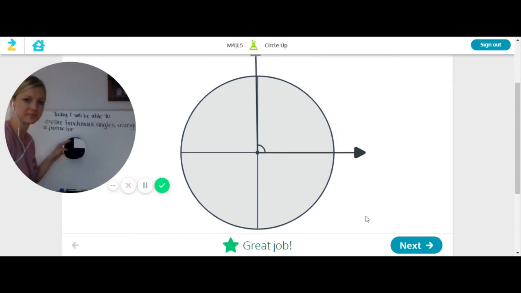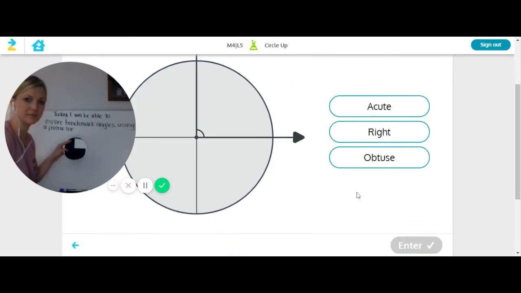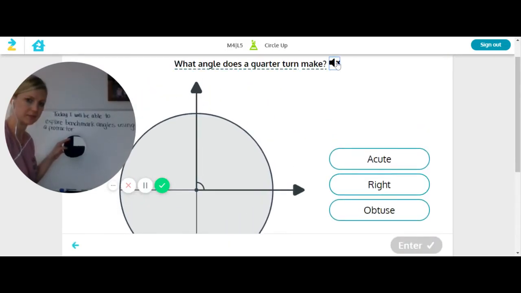Great job. What angle does a quarter turn make? Great. Some of you might have realized that you see a 90-degree angle here. If you have your straight edge from the first lesson, then you can line that up and see that, yes, you do indeed have a 90-degree angle or right angle.